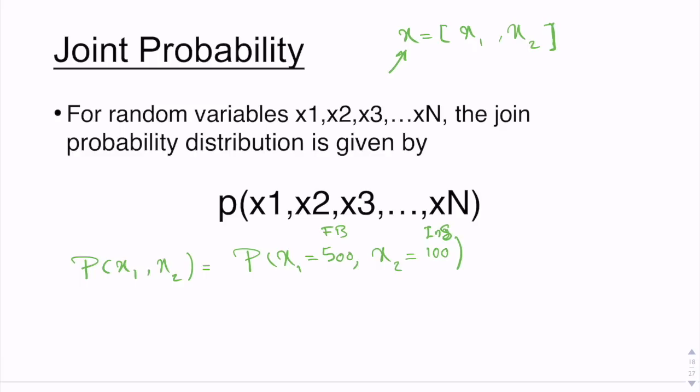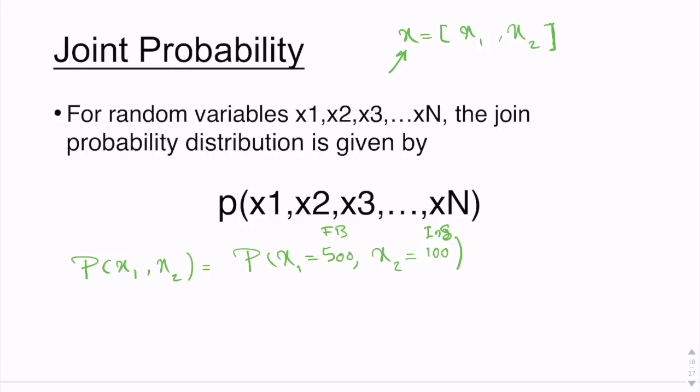In practice, we can have a joint probability of n random variables. Each random variable represents one attribute of this population. For instance, you can consider the population of, again, Stony Brook University students, and let's say we have three attributes: weight, height, and average GPA.